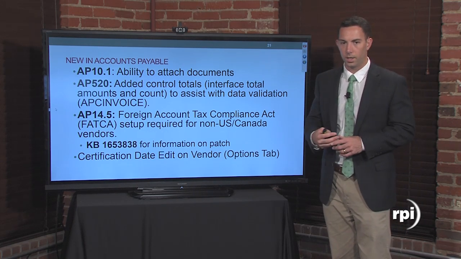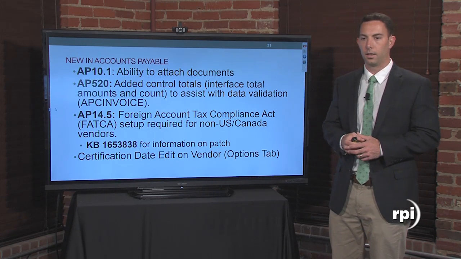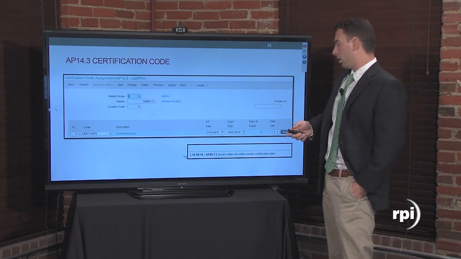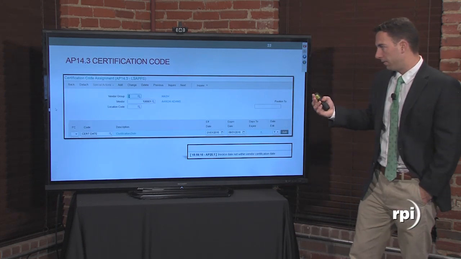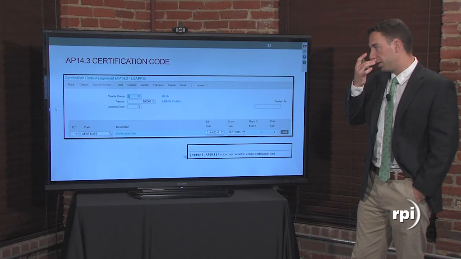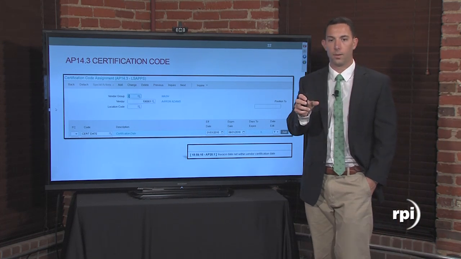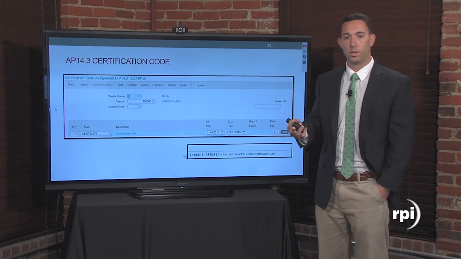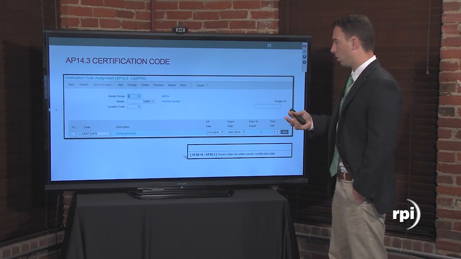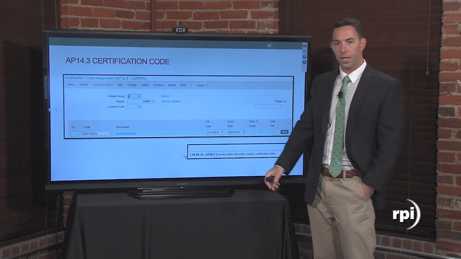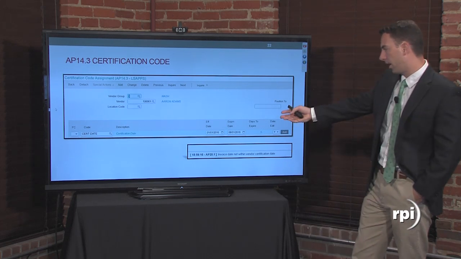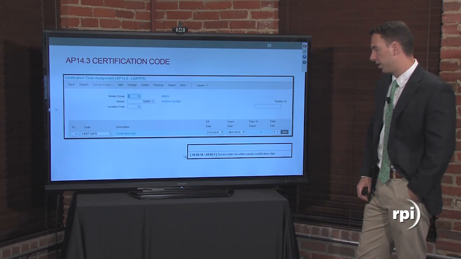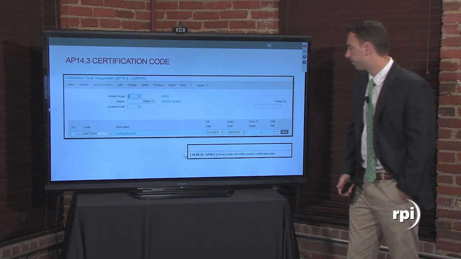And last but not least, within AP is a certification date. So under the options tab on your vendor, you can actually define a time frame where vendors are licensed to do work for you and invoice you. So what I've done is create the certification date code and said this is effective from January of this year through August of this year.